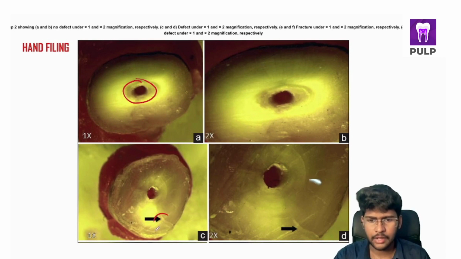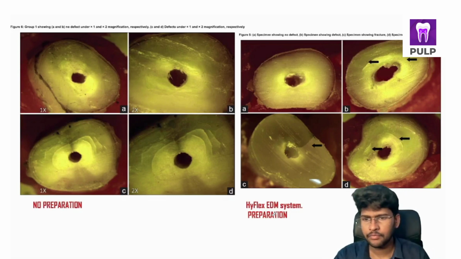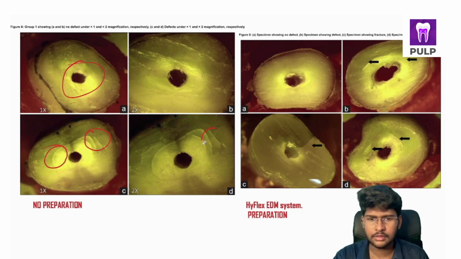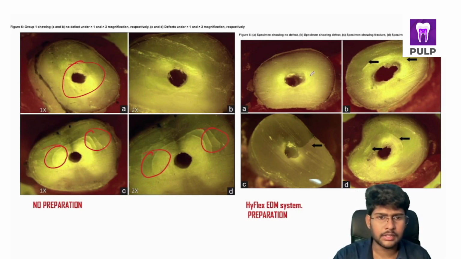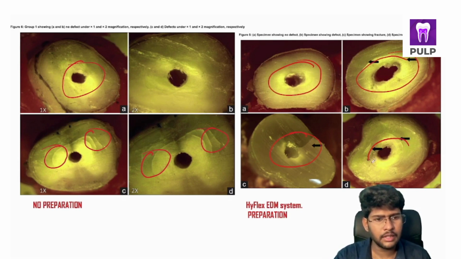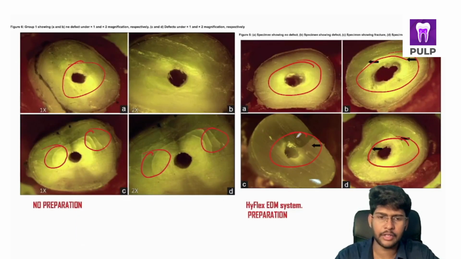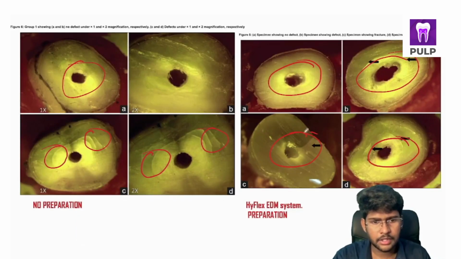You can see microfractures in 1x or 2x magnification, but what I want you to appreciate is that this is a picture of a tooth structure where the tooth is not subjected to any type of endodontic preparation.